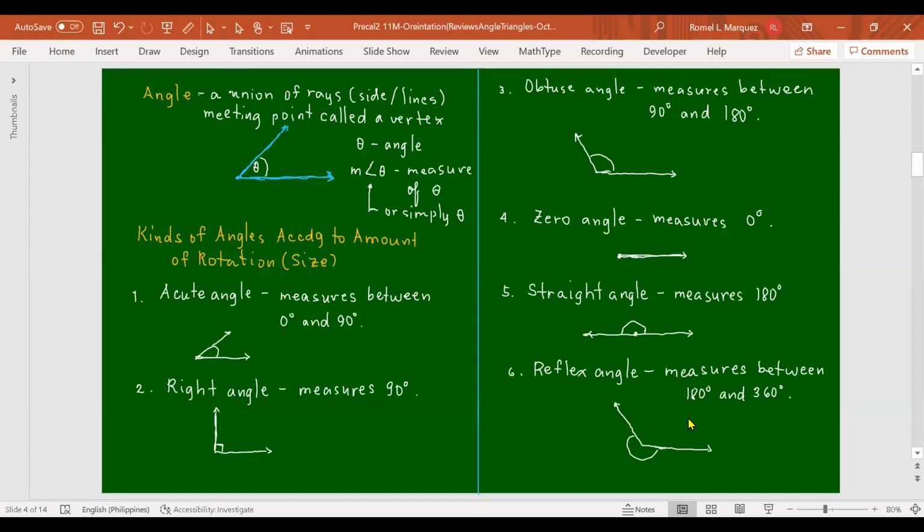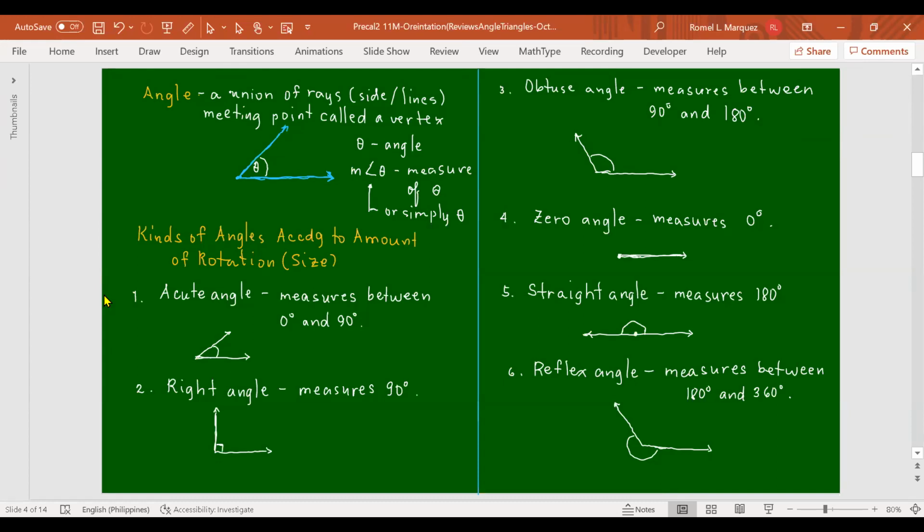Okay, so that's a reflex angle. Now, I saw on Facebook a question asking for kinds of angles. A child answered not geometrically, perhaps according to what he heard or experienced. He answered Bermuda Triangle, Love Triangle, Ayala Triangle.